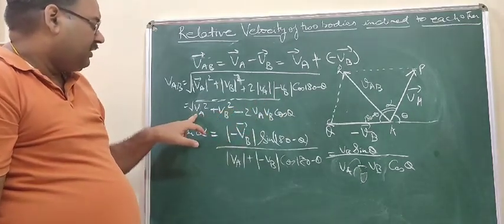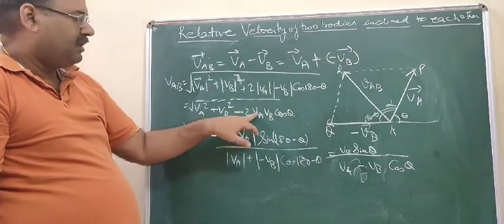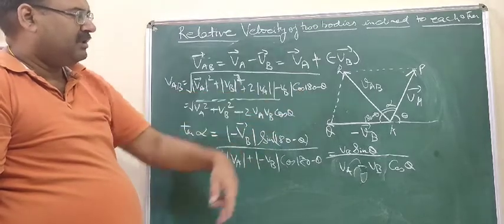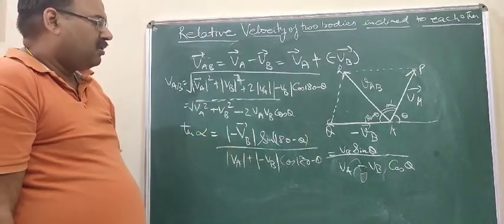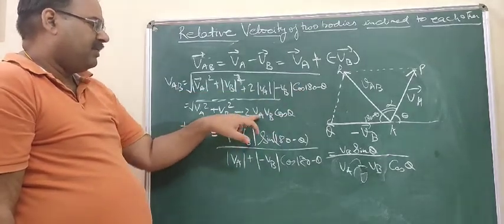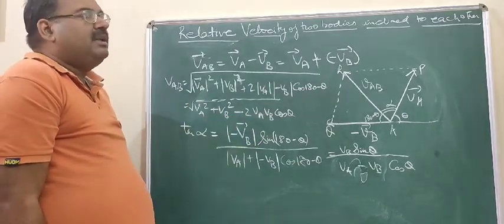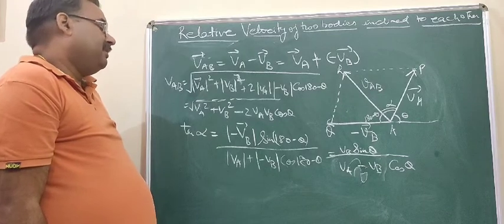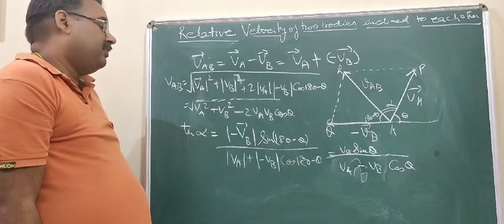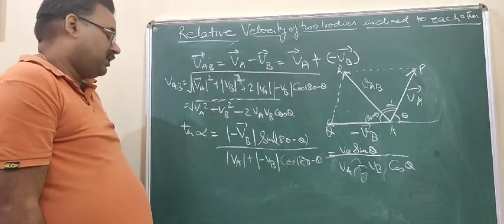So the resultant is VA square plus VV square minus twice VA VV cos theta, because cos of 180 minus theta is equal to minus cos theta. So we get minus 2 VA VV cos theta. So the resultant, or the relative velocity VA VV, is given by the formula VA square plus VV square minus twice VA VV cos theta.